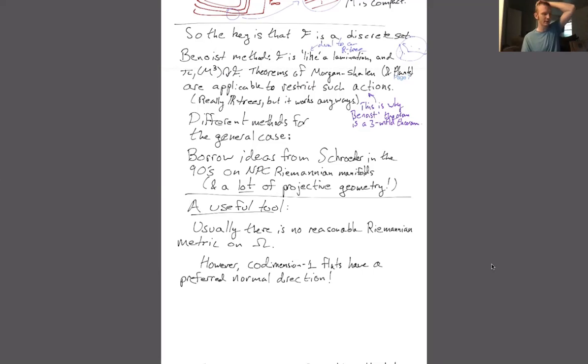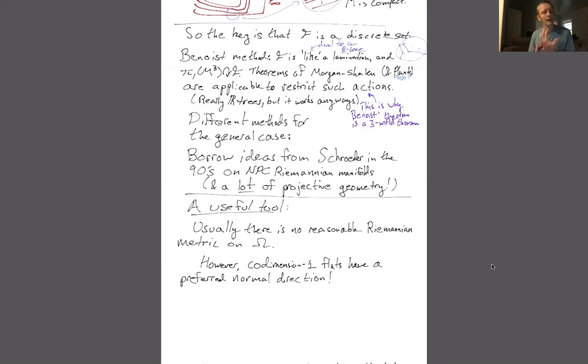In particular, for the codimension 1 flats, he has a lot of really nice methods, and the work was digging through those papers and figuring out how to generalize, how to make the lemmas and the theorems work in the projective setting. So basically there are a couple of key ideas from there combined with a lot of projective geometry facts, and in particular we have a method of reproving the Benoist result in a more elementary way, without this sort of sledgehammer of 3-manifold R-tree stuff.